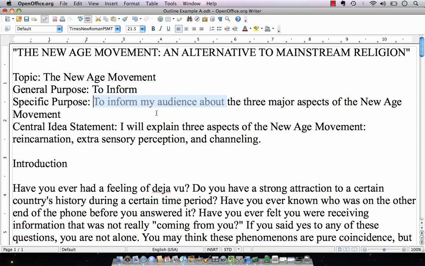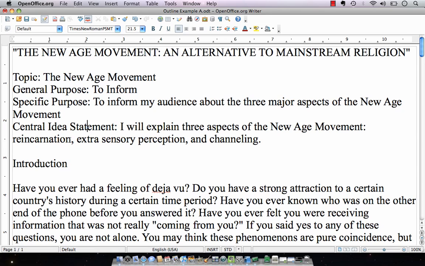So it'll always begin to inform my audience. And then your central idea statement, which is essentially your thesis statement for your speech, what you're going to be talking about, what your main points are going to consist of. Those 3 things are always at the top of every outline you give me in class.